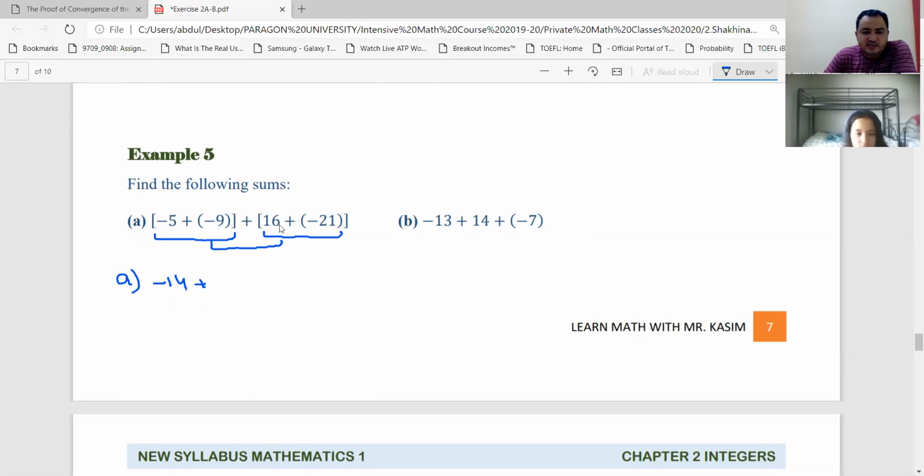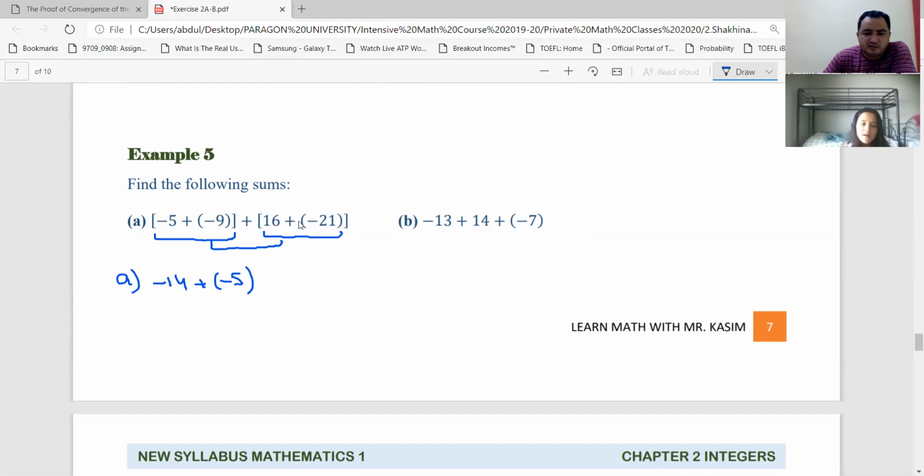Okay, we are done with this. Plus, what is 16 plus negative 21? That is negative 5, because 21 is greater, right? Because, Shahina, if you subtract a big number from a small number, it will be negative.